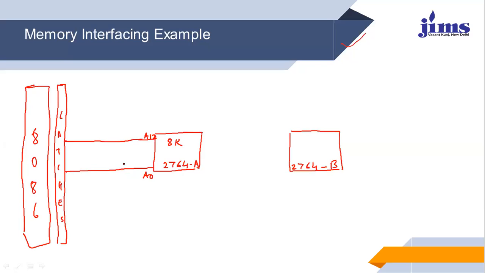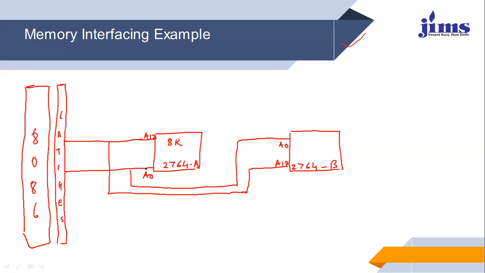The same address lines I also want to configure here from A0 to A12. Any doubt? You can stop me for any doubt. The 13 address lines from A0 to A12.